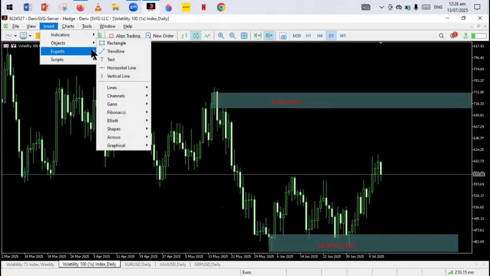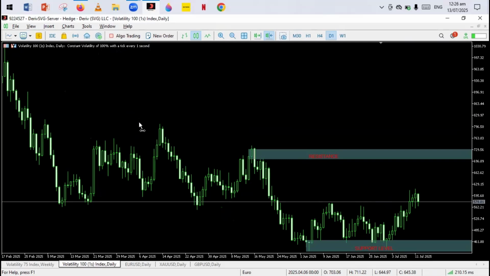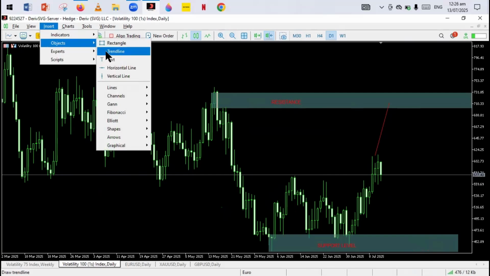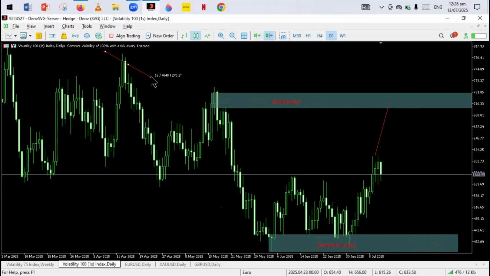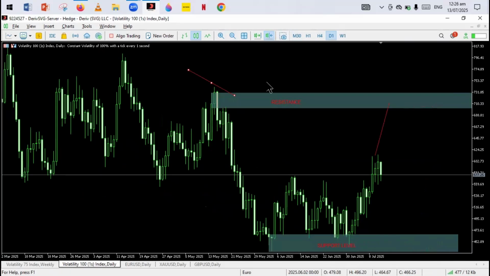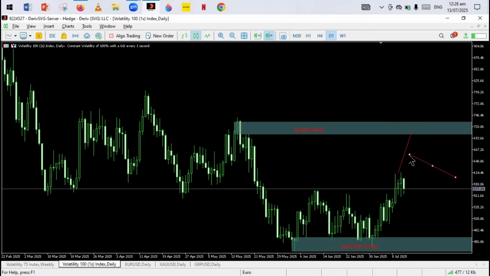So the next move that we're expecting on VIX 100 is for price to go and tap in there. This is the level that is capable of sending VIX 100 down, because the overall movement on VIX 100 is a downtrend.